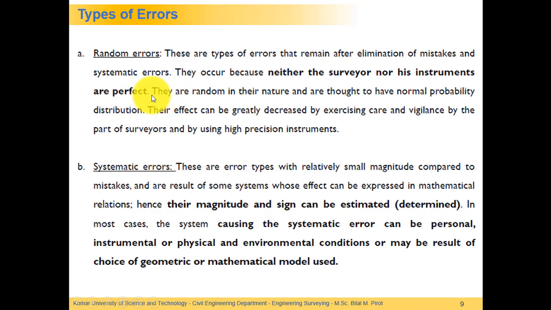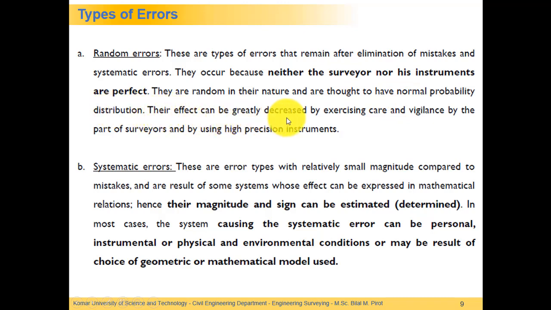For example, if you have an instrument that's not perfect, and also if you don't know how to use the instrument, the errors cannot be minimized, the errors cannot be decreased. So they are random in their nature and are thought to have normal probability distribution.